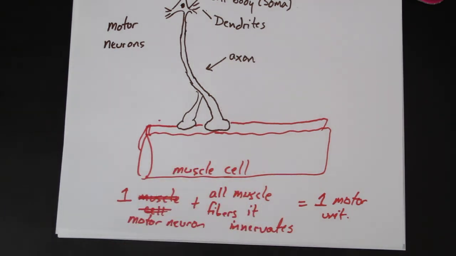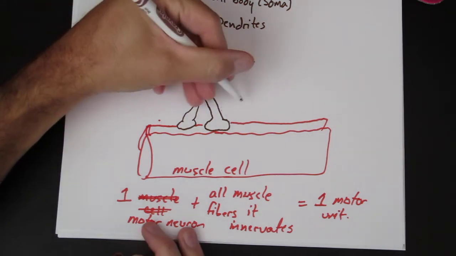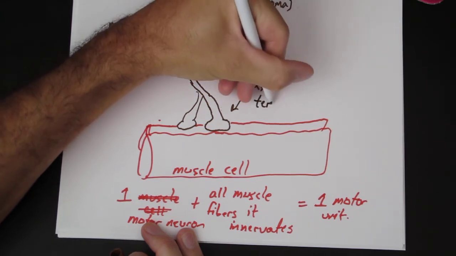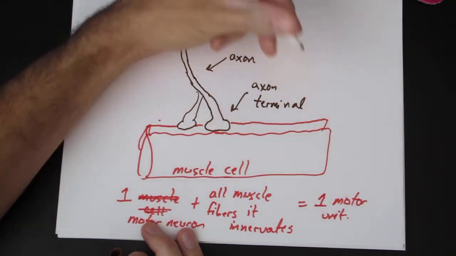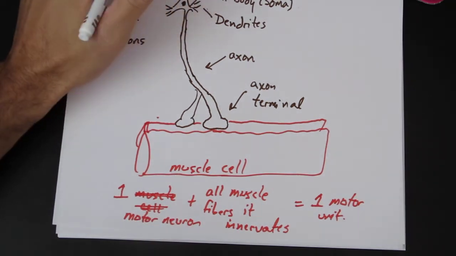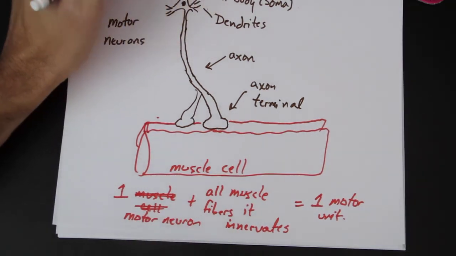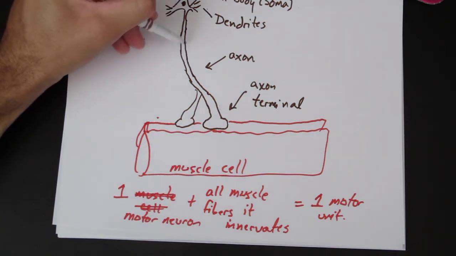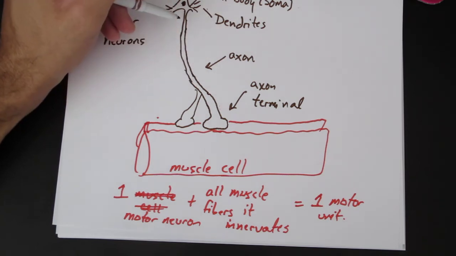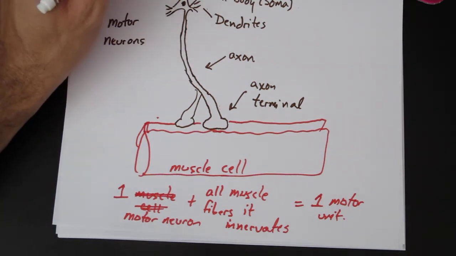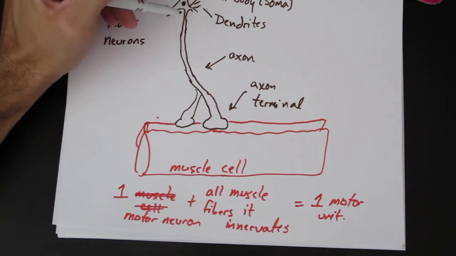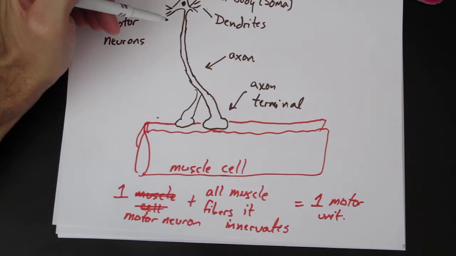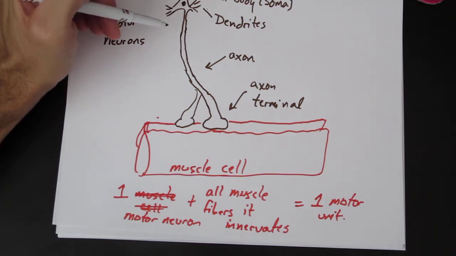The end of the axon is called the axon terminal. So this is what we have. The cell body is found in our central nervous system, and these axons are packaged as part of the nerves that run through our body toward our muscle cells. So an individual muscle would have multiple axons running towards it, bundled into these nerves.